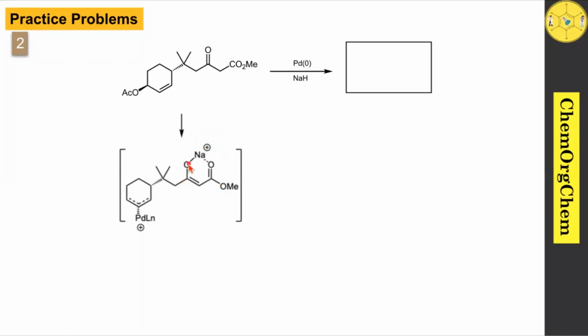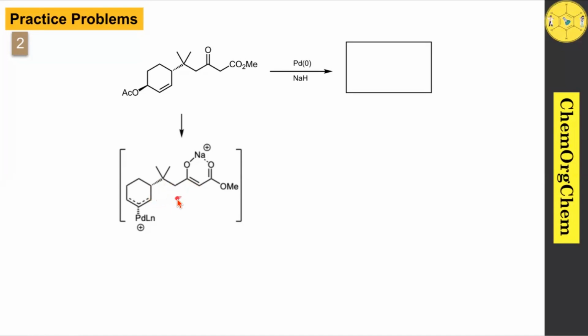Now we should figure out whether this enolate form is going to attack this center or this center. For that we can start numbering. This is the first carbon, and second, third, fourth, 5, 6. If the attack happens at this carbon, that may produce a 6-membered ring system.